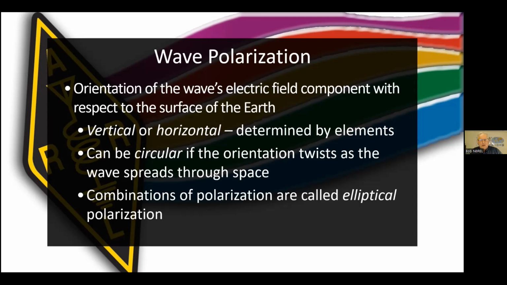Now when you get down to the lower frequencies, into the HF frequencies, the longer wavelengths, you're bouncing your signal off the ionosphere. And an interesting thing happens: your vertically polarized signal, or your horizontally polarized signal, bounces off the ionosphere, gets twisted around, and at the receiving station it's an elliptically polarized signal.